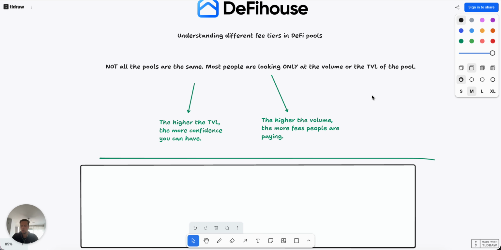It's best to sacrifice some returns, accept lower returns, and deploy capital to better pools with higher TVL.